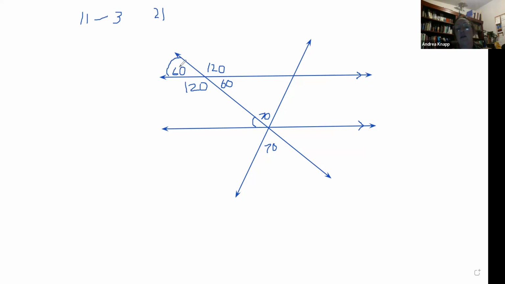So this 60 would be corresponding to this one. They're the same shape. And then the corresponding angle to 70, the interior 70 will go up.